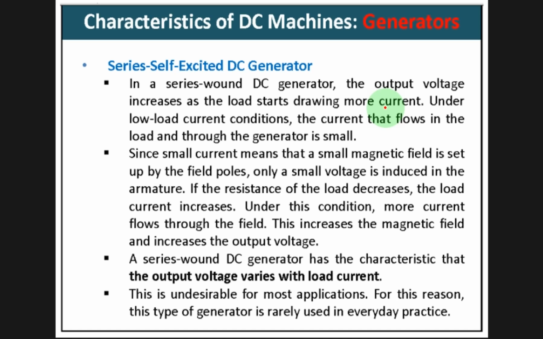So at low load conditions, a small magnetic field is set up by the field poles. Because the current is small, only a small voltage is induced in the armature. If the resistance of the load decreases, the load current increases, right?